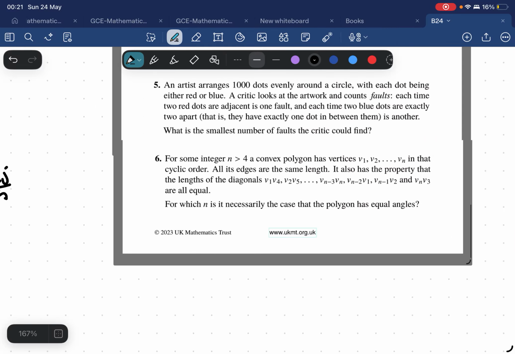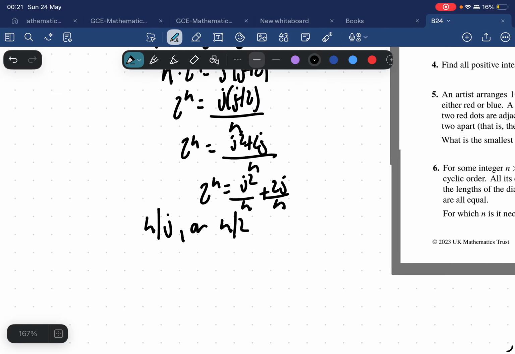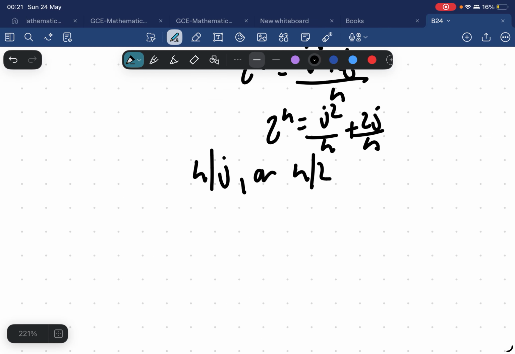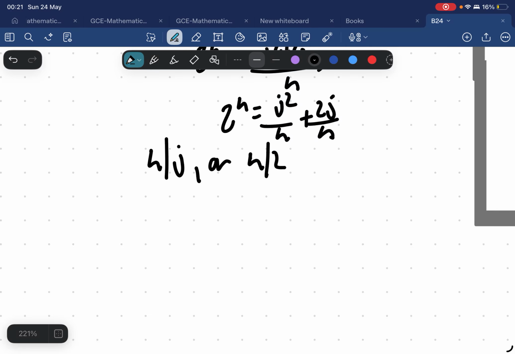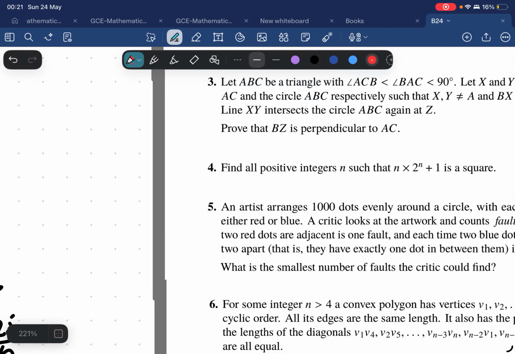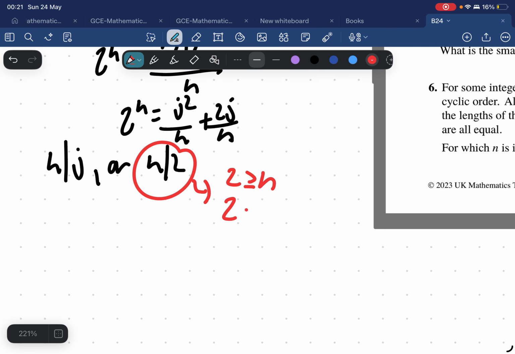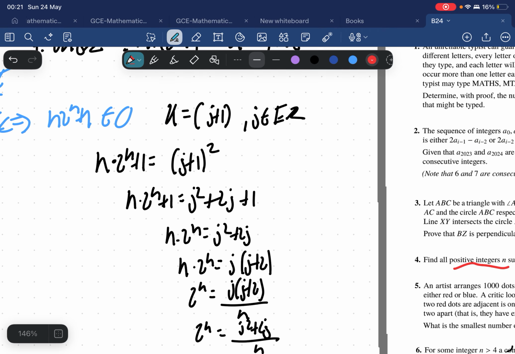Okay, I think, yeah. Now for n to divide 2, so for this case here, that means 2^n, and n is a positive integer, so n is equal to 1 or 2, perhaps.